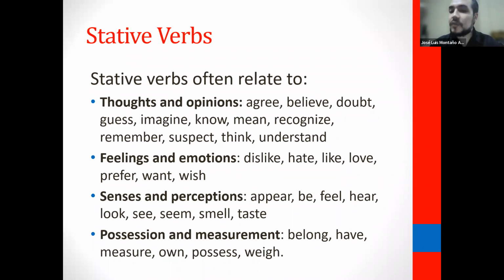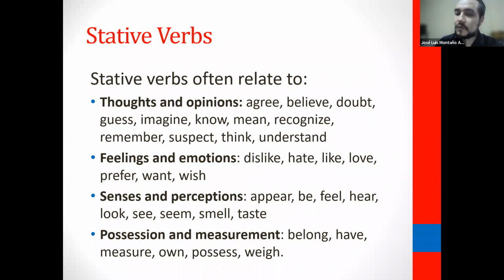Then feelings and emotions: dislike, hate, like, love, prefer, want, wish. You don't use this idea of action with these verbs. Senses and perceptions, the same. It appeared that it'll be easy.